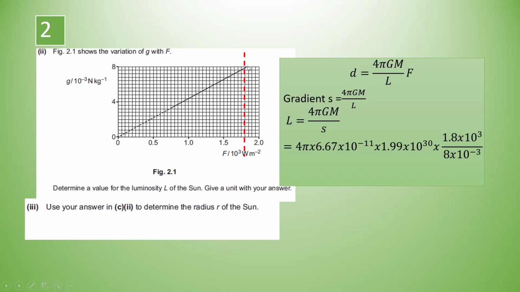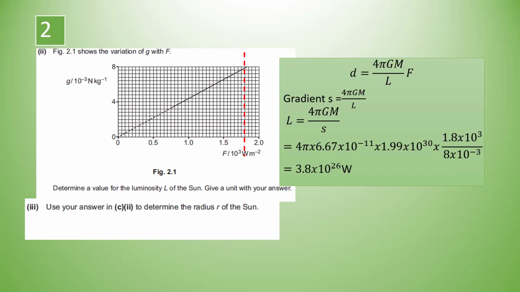As I say, easiest to read from here. Upside down gradient. What's the unit for L? What's the unit for luminosity? Watts. Good. That's all.